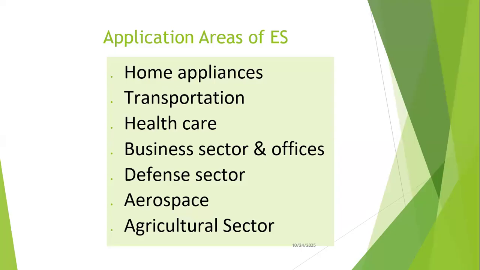But for that software to function, there will be some hardware components like IoT, Internet of Things, IoMT, Internet of Medical Things. All of them are driven by embedded system.